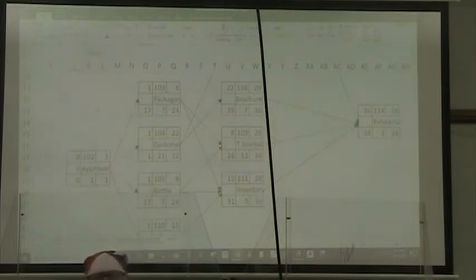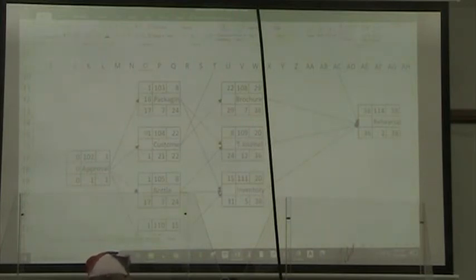All right, so let's go up here to designing packaging. Here, our slack is calculated as equal to our late start minus our early start. Okay, so there we have 16 slack time periods.